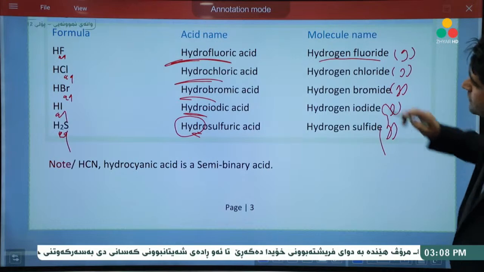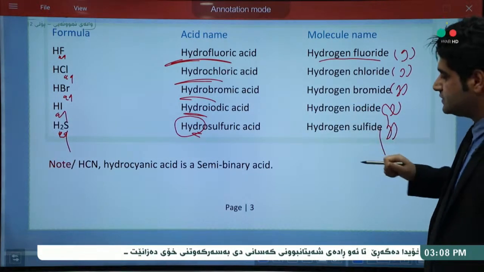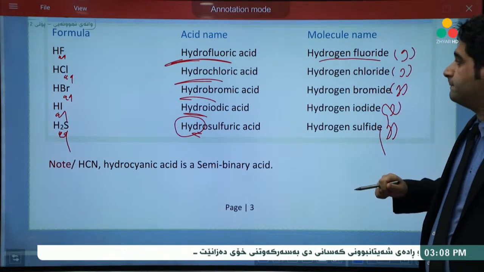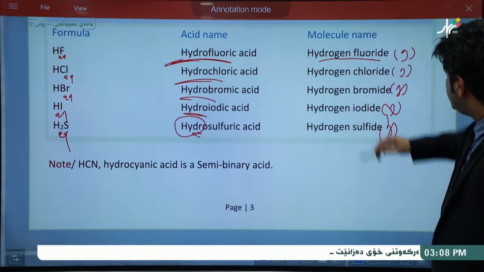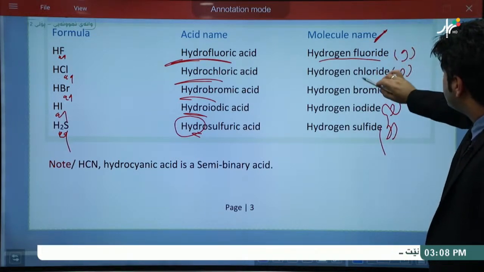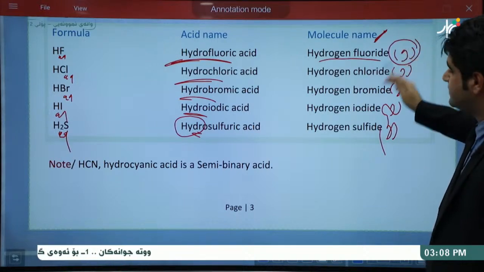Hydro. We don't have this word before starting the naming of that compound. Hydro means water. So when we say molecule name, it means there's only a molecule of the electrolyte. There's no water.